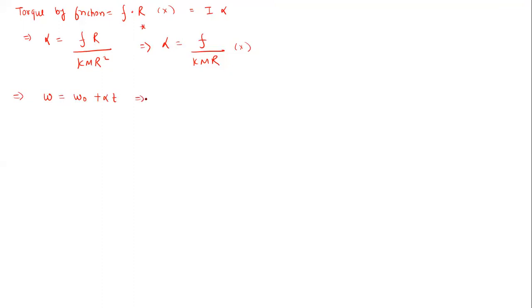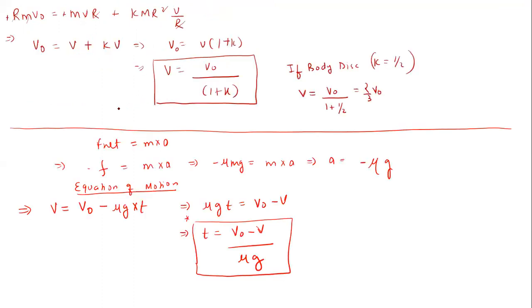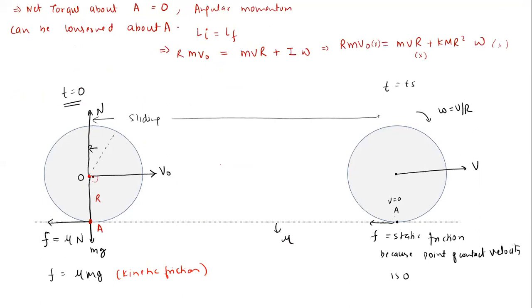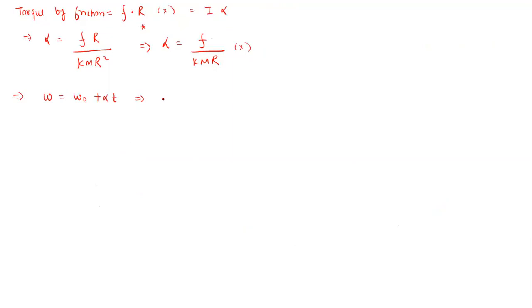Now initially we have given no angular velocity. We have simply given the linear velocity v naught. So can I say like this? Omega must be equal to alpha into t, because omega naught will be 0. So we get omega is equal to alpha, which is the friction force by k m r, into time t.